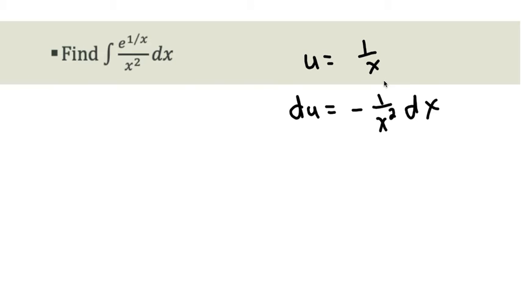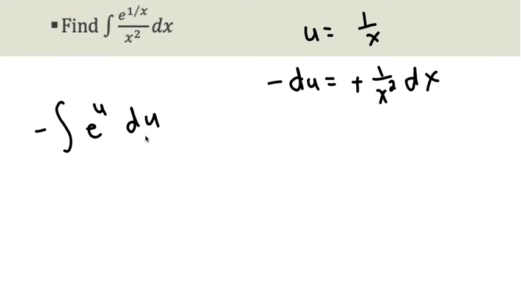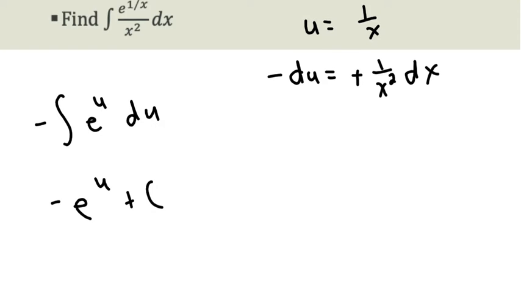I have the 1 over x squared. I don't have the negative, so I'm going to take the negative over to the other side and make that a positive. So this would be negative integral of e to the u. Like I said, we have 1 over x squared dx, so this would just be du. We just had to take the negative out there. So negative e to the u plus the constant.